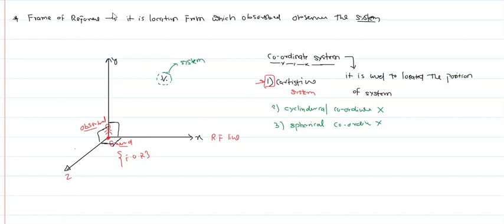In the Cartesian coordinate system there are two types, 3D and 2D. 3D is used if we want to locate a system in space, like the position of a bird. So we use three axes.